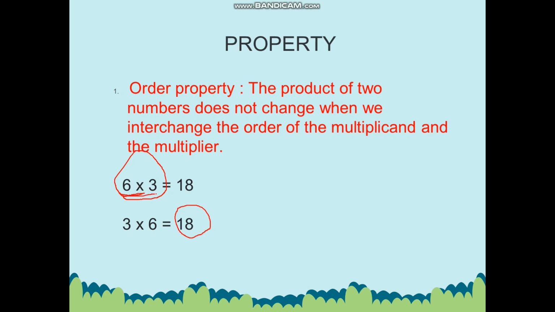Whether we do 6 times 3 or 3 times 6, the answer will remain the same.